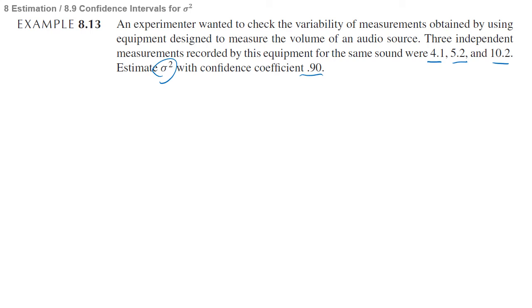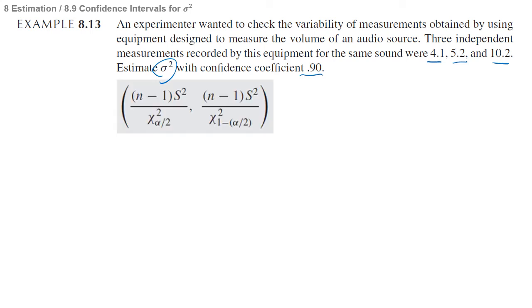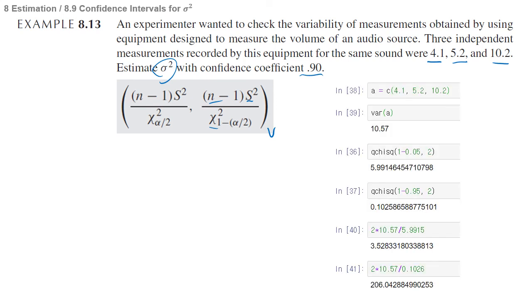So we want to calculate the confidence interval with confidence coefficient 0.9, and as we know the formula, we will calculate each number. To do that, I think it's easy to use R. I recommend using R to solve the examples or exercise questions for this online course.